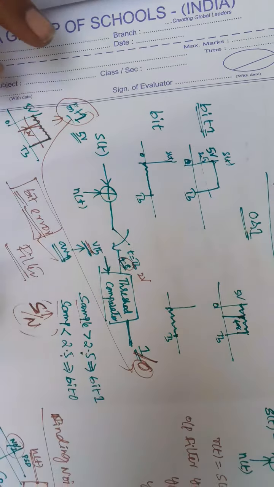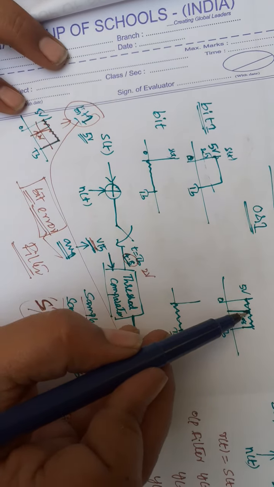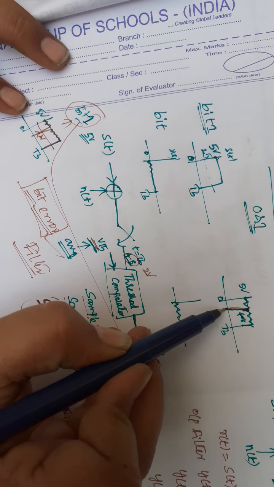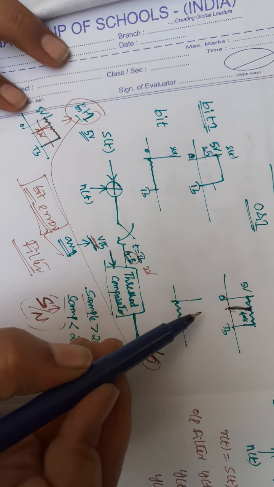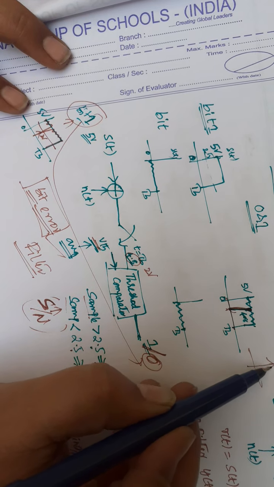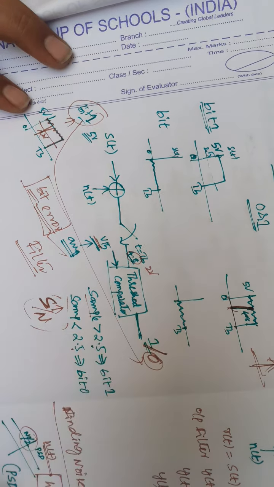See here, I am taking a sample value at this particular point in this duration. So after taking the sample, this signal becomes a type of DC signal, right?